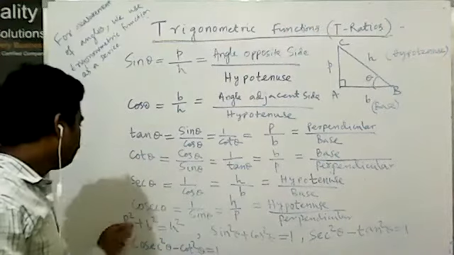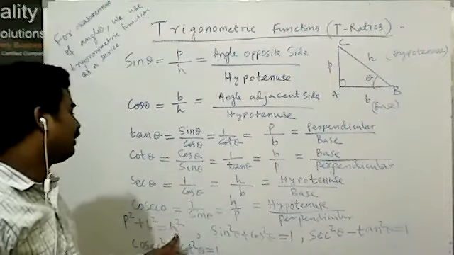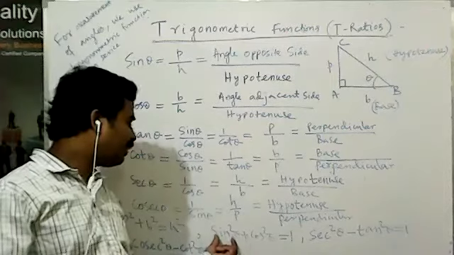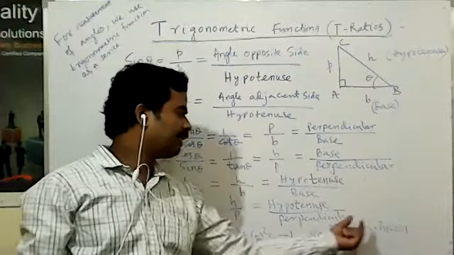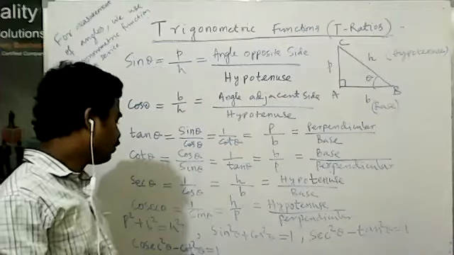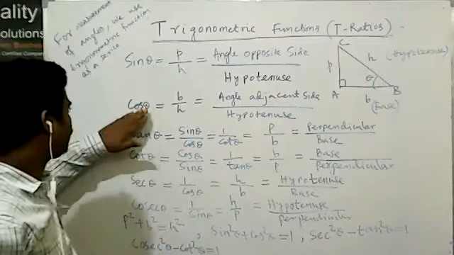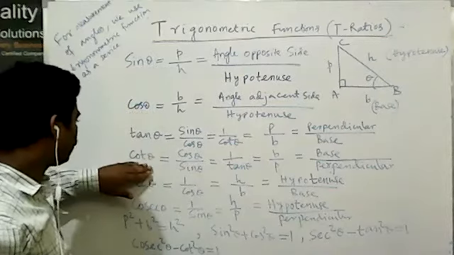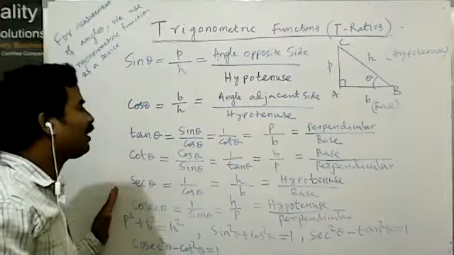Then P square plus B square is equal to H square. From that, we prove that sin square theta plus cos square theta is equal to 1, sec square theta minus tan square theta is equal to 1, and cosec square theta minus cot square theta is equal to 1. Here sin theta, cos theta, tan theta, cot theta, sec theta, cosec theta, that is 6 functions are there.